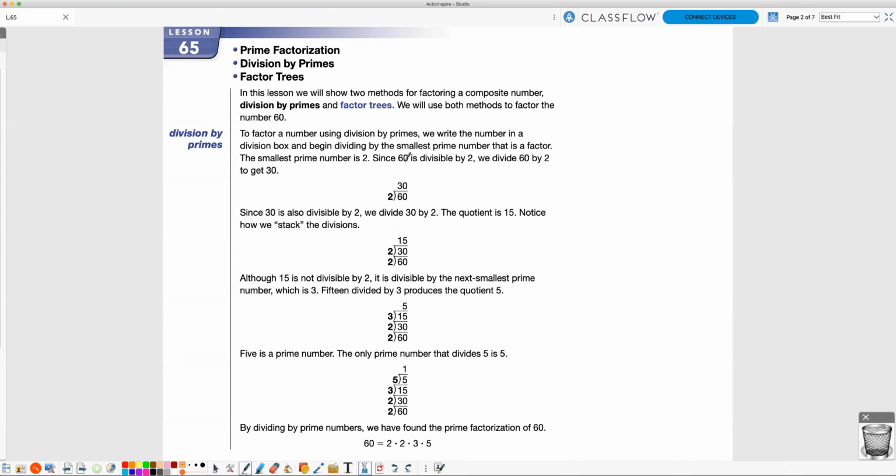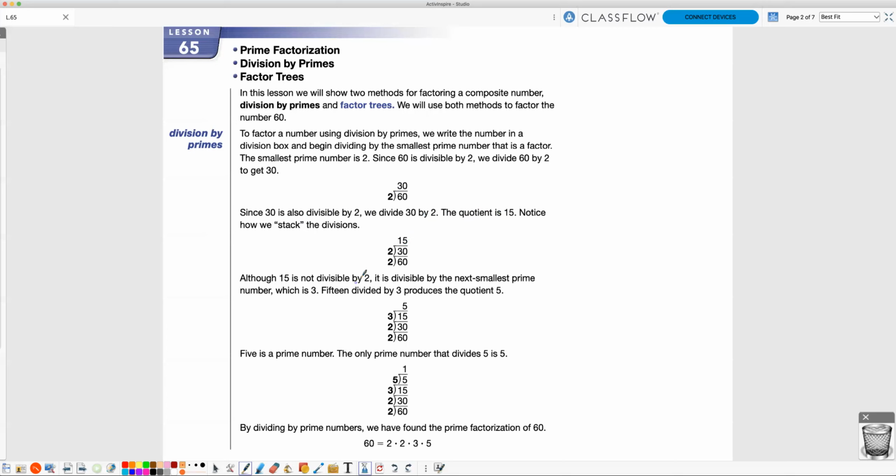Since 60 is divisible by 2, we divide 60 by 2 to get 30. Since 30 is also divisible by 2, we divide 30 by 2. The quotient is 15. Notice how we stack the divisions.